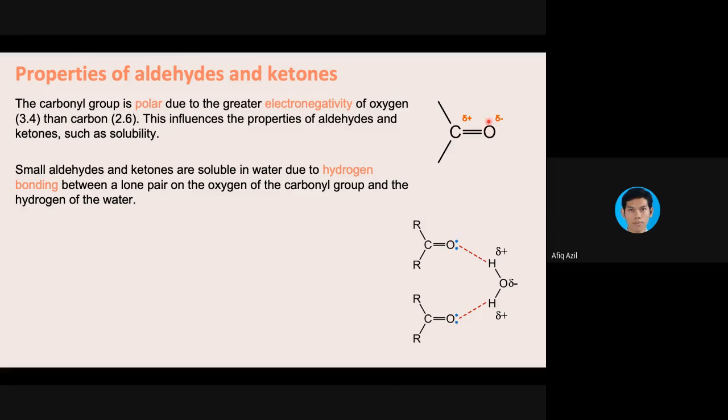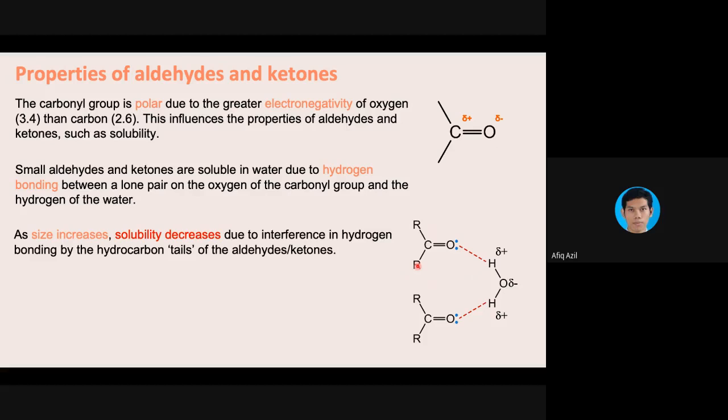So on this oxygen, there are two lone pairs, 1 and 2. Here, this is how the hydrogen bonding forms. So you have the ketone, or it may also be aldehydes. It forms hydrogen bonds with molecules of water.